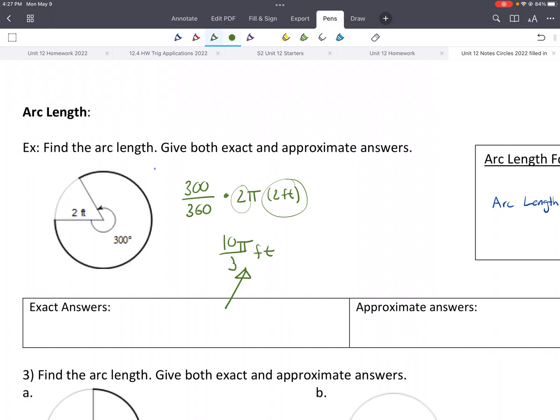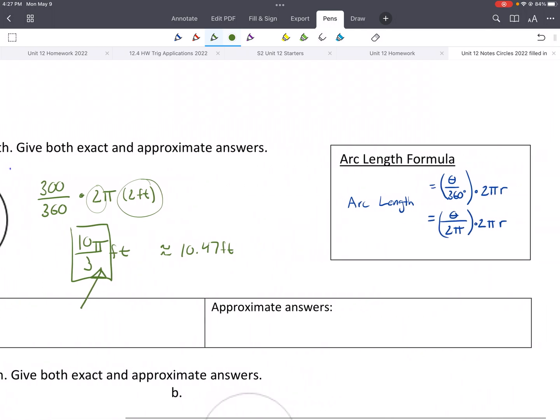I end up getting approximately equal to 10.47 feet. But again, today I'm going to be asking you to find the exact answers.